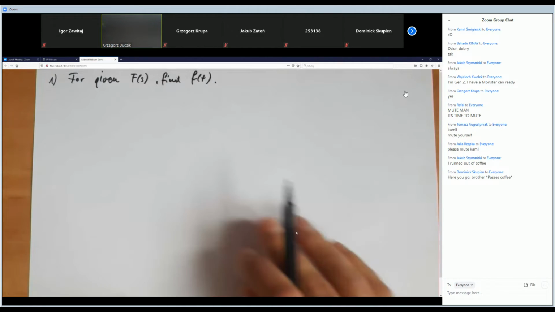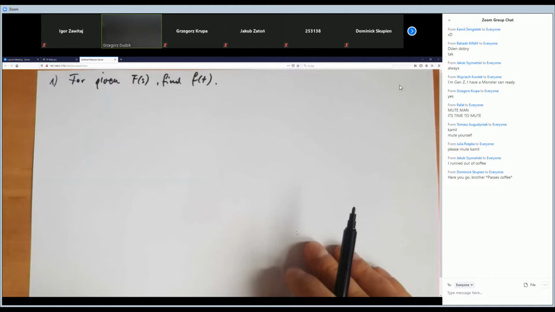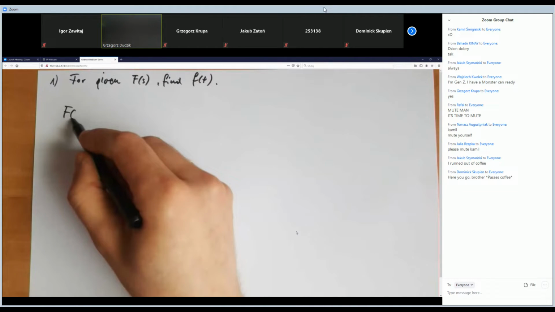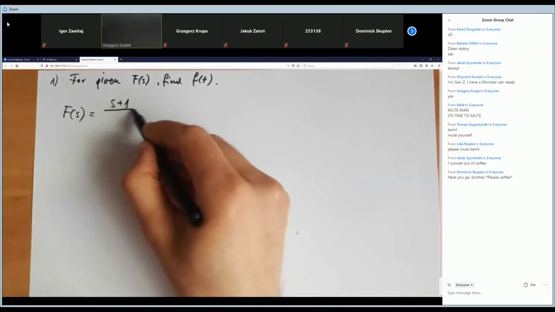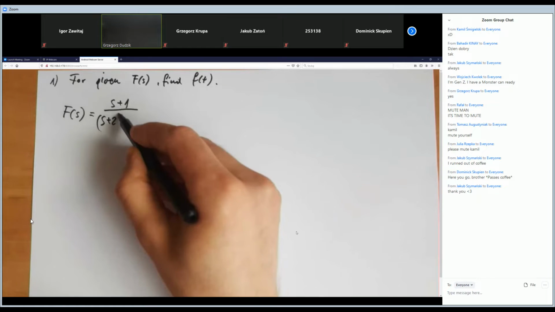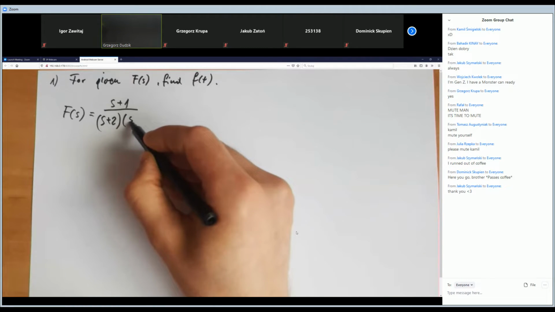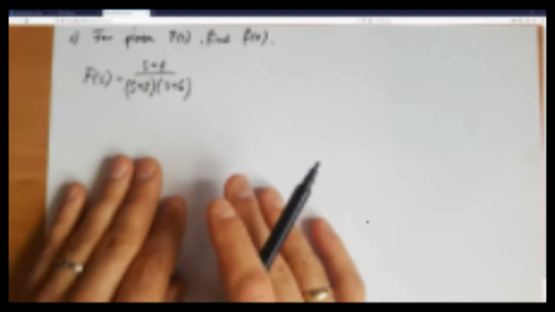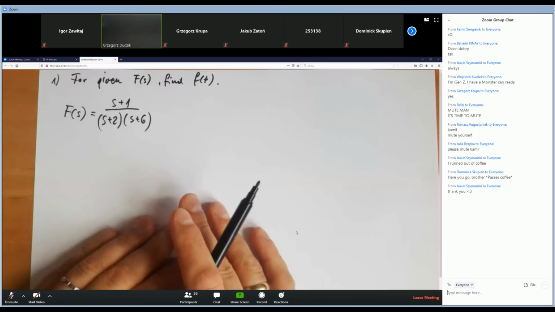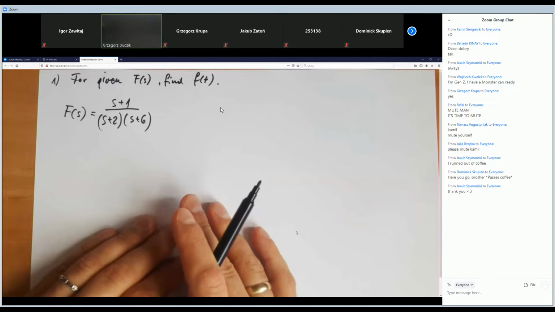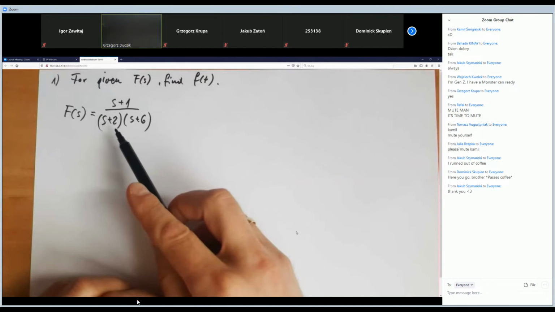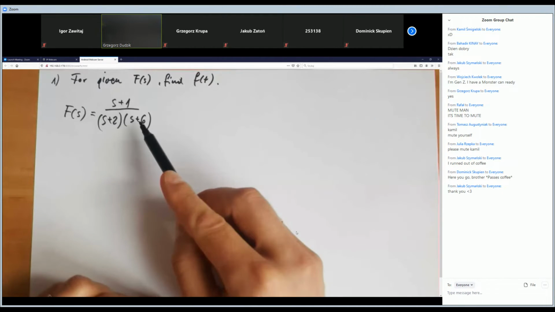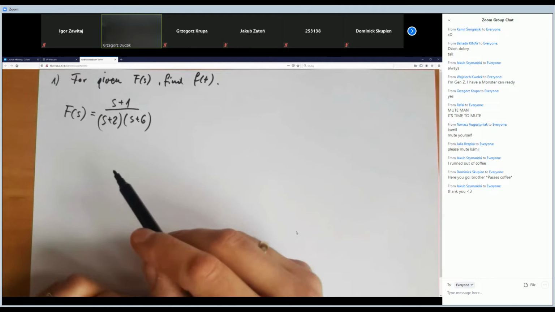Yeah, it's very simple. Okay, so the first function in the S domain, so in the Laplace domain, is equal to (s plus 1) over (s plus 2) times (s plus 6). So this is our function in S domain, and we have to find this function in time domain. However, as you take a look at the denominator, we've got two components which have some roots.